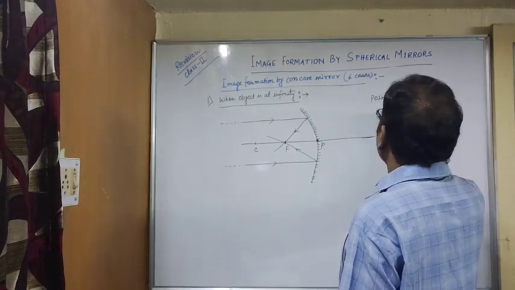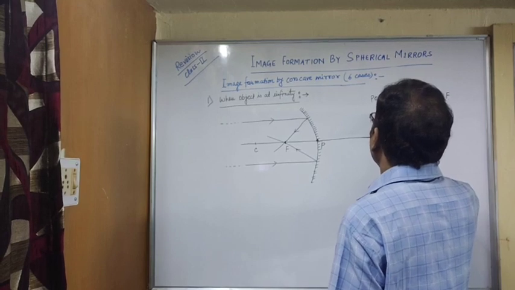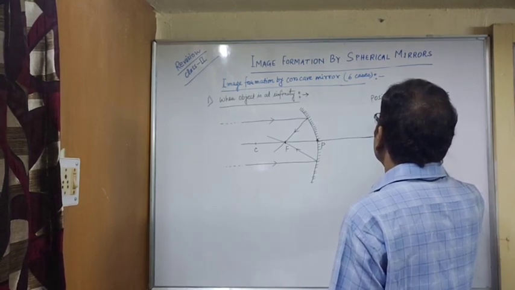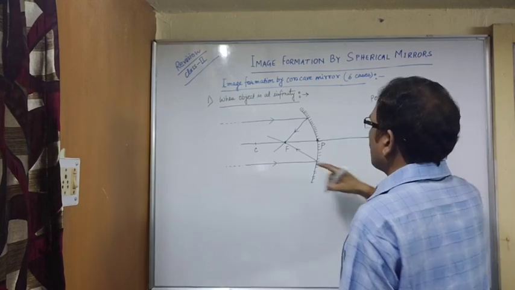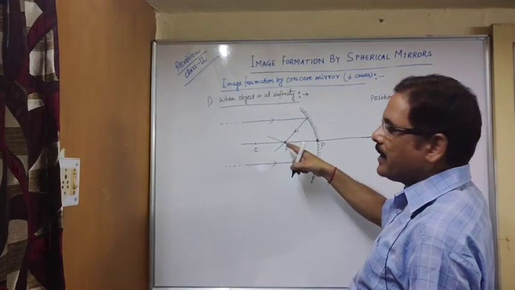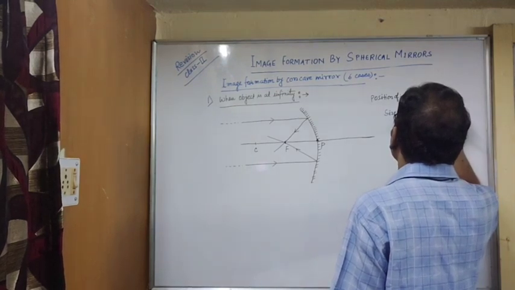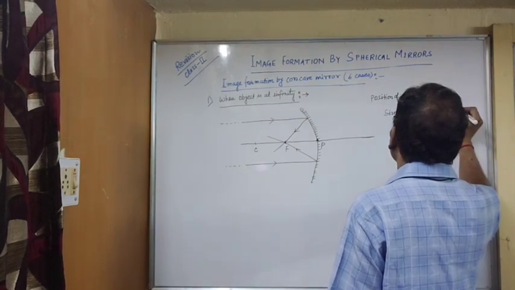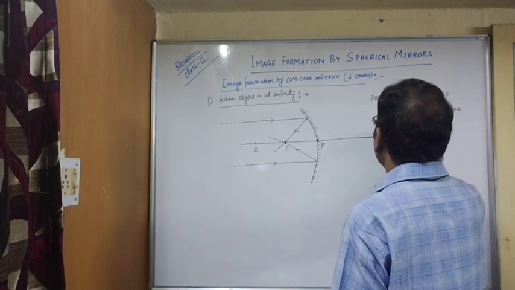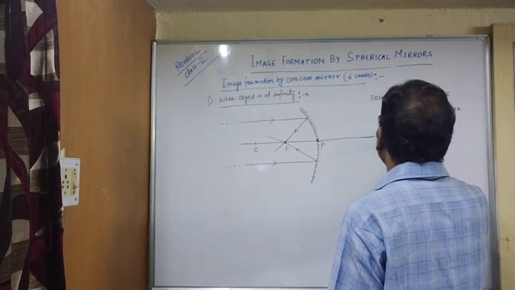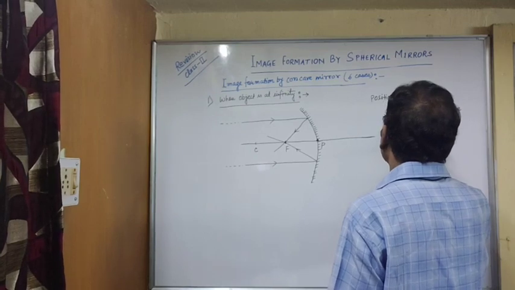Then what will be the size of image? Size of image is point size. They are meeting at a point, so point size. Then what is the nature of the image?